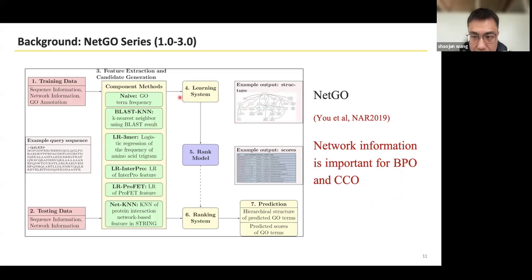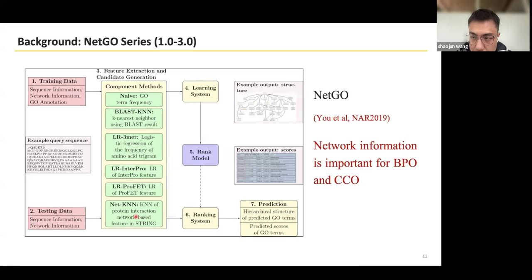Based on the fact that GoLabel only utilizes the sequence information and lacks the use of other information, we further developed the NetGO series tools based on GoLabel to enhance the accuracy of protein function prediction. NetGO innovatively incorporated the protein interaction network from STRING.